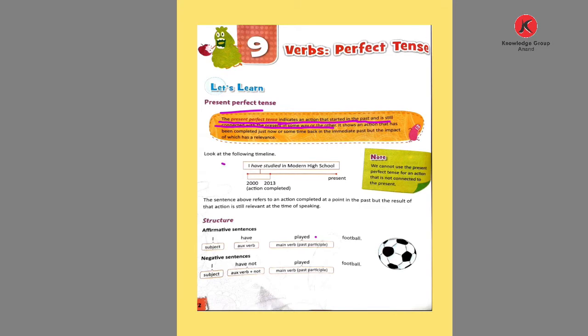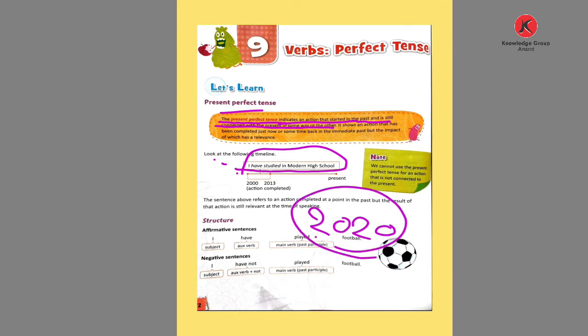Here, look at the example given. I have studied in Modern High School. So the action is completed. Which year is going on? 2020.